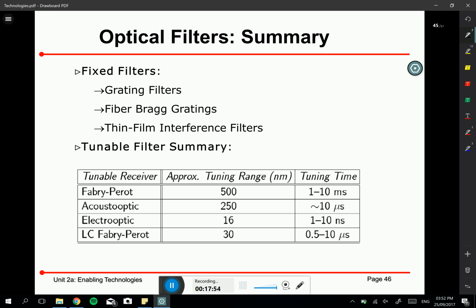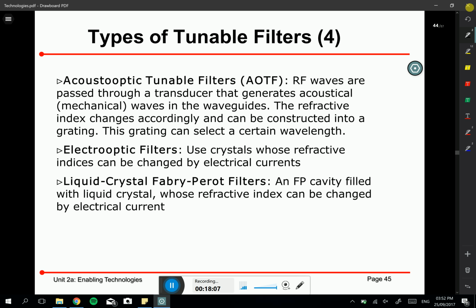Questions? I'm not losing too much time here. The physical concept behind it is exactly the same thing. So as you can see, there are acousto-optically tunable filters, electro-optically tunable filters, and then the Etalon, which is the mechanically tunable filter.